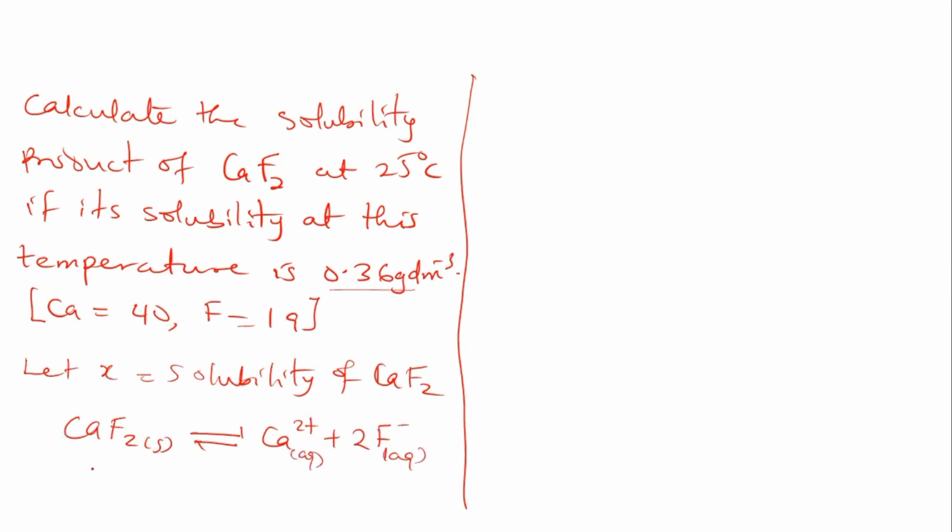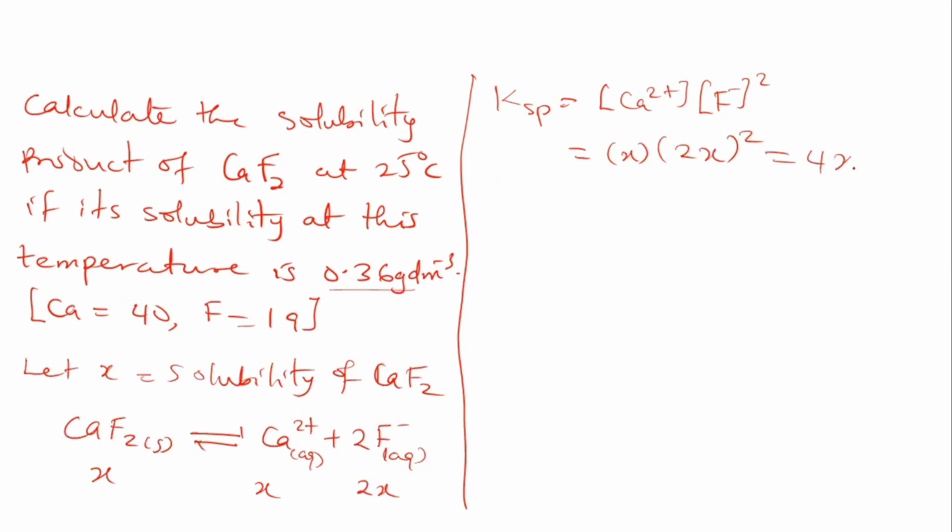So if the solubility of this one is X, this one is X, this one is 2X, and of course we have the KSP, which is the concentration of calcium ion times fluoride raised to the power of 2. And this one is going to be X, and this one is going to be 2X squared, and that is 4X cubed.